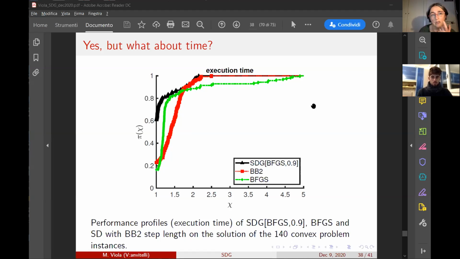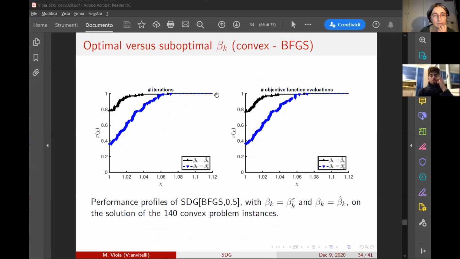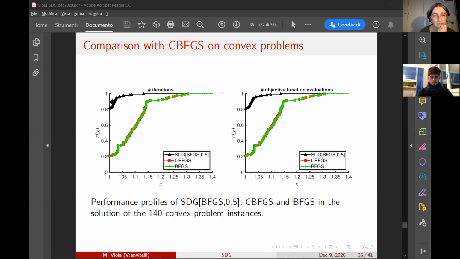Consider that at each step, we always compute the BFGS direction, so the cost per iteration is exactly the same as the BFGS method. But we are faster because, as you can see from the plots, in terms of iterations and function evaluations, we take far fewer iterations.